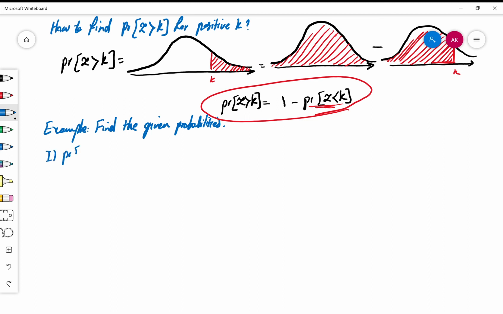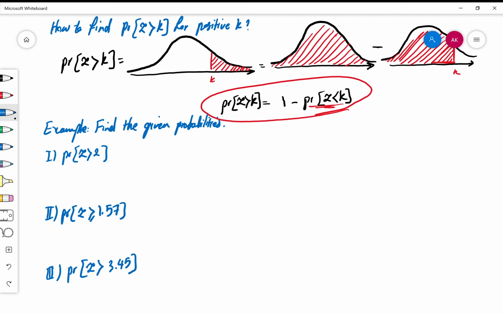Probability of Z bigger than 2, probability of Z bigger than or equal to 1.57, and the third one is the probability of Z bigger than 3.45.